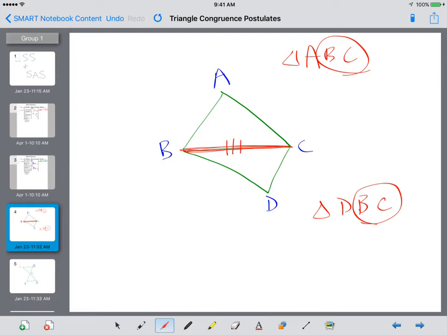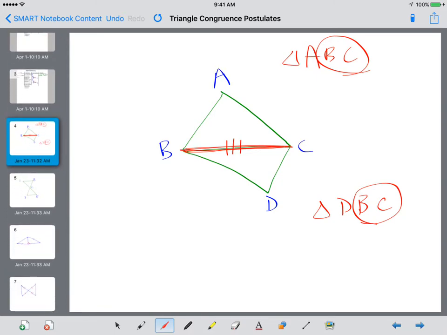Therefore, we would mark that that side is congruent in both triangles. It's the same side in triangle ABC as it is in triangle DBC. So when triangles share a side, we have to mark it, and it helps us come up with the triangle postulate to state that triangles are congruent.